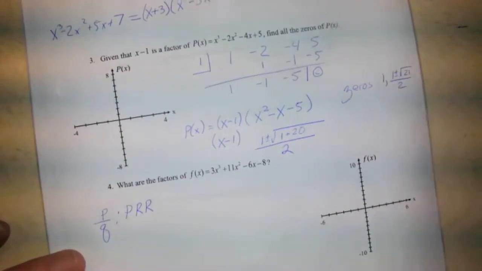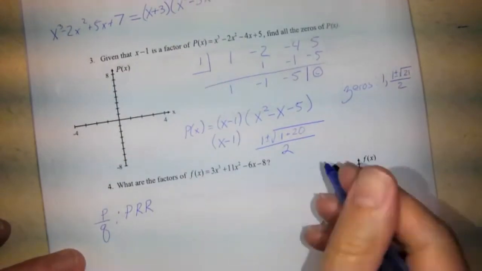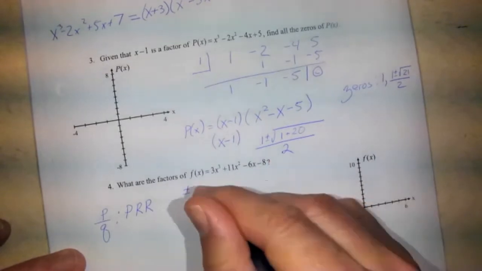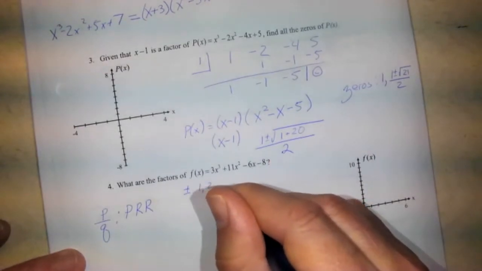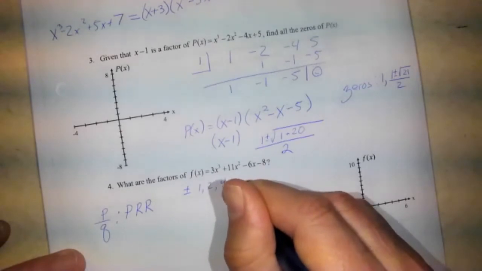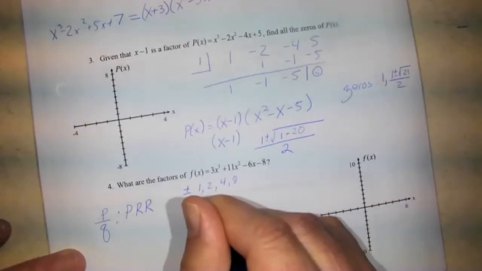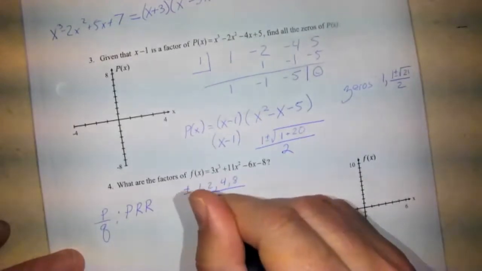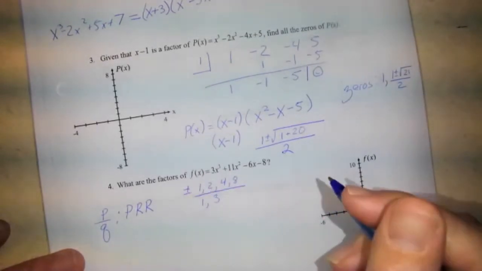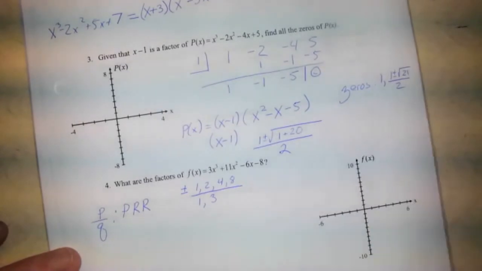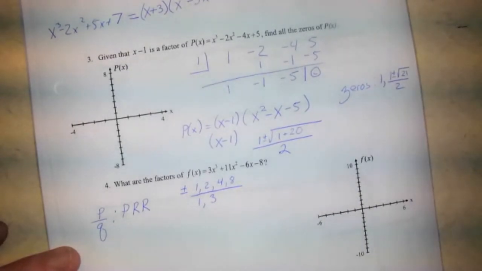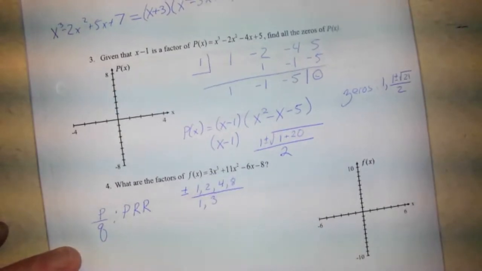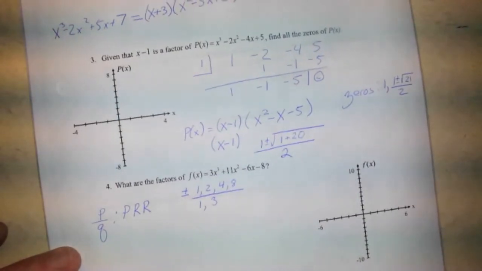Not that there aren't irrational roots, would be plus or minus the factors of 8, which are 1, 2, 4, and 8 over the factors of 3, which would be 1 and 3. And that's a nice shorthand way of writing all of them. By the way, should I put a plus or minus on the bottom because 3 also factors could be plus or minus 3?